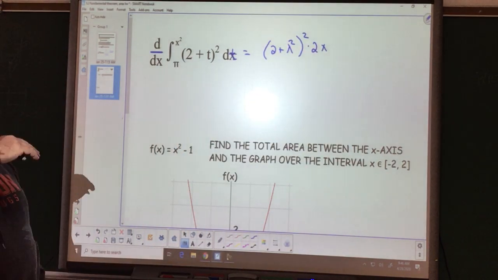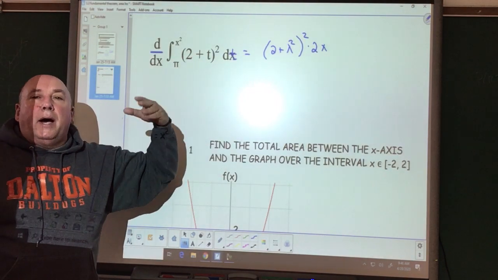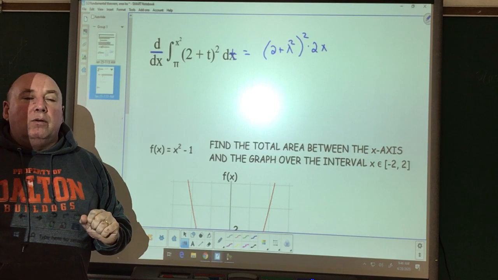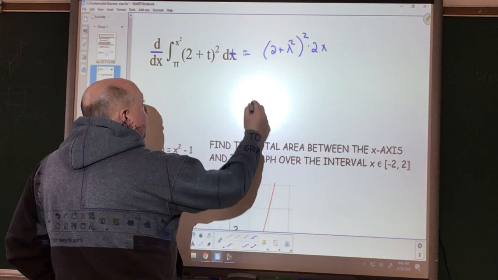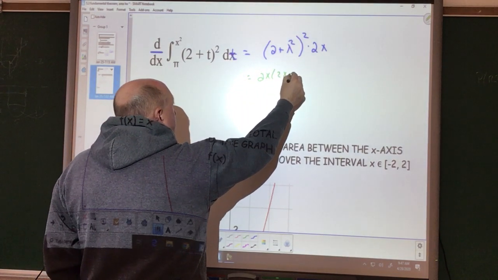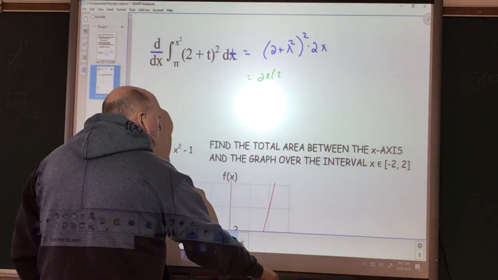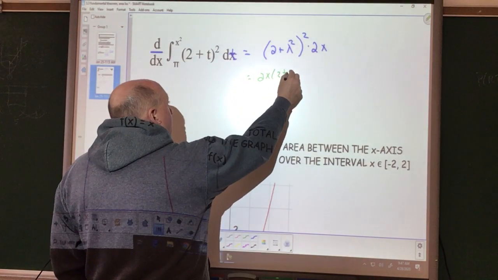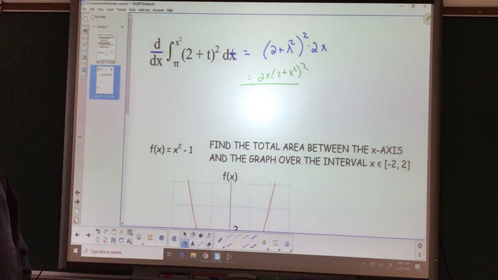Then the derivative, when I plug in the value of pi, I have 2 plus pi squared times the derivative of pi, which is once again 0. So what we're left with is 2x, and then 2 plus x squared squared.